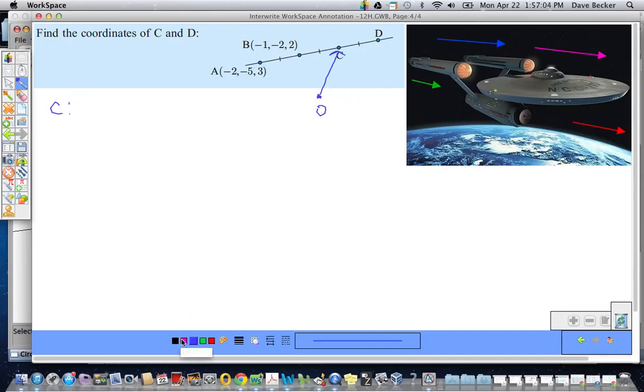Well, wouldn't you agree that vector OC is equal to vector OA plus vector AC? Let's write that down. Vector OC is equal to vector OA plus vector AC. No big whoop right there.